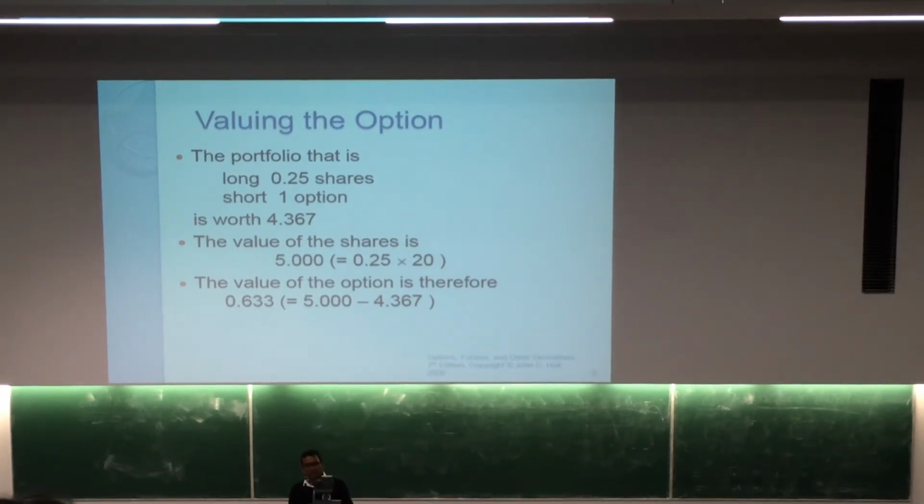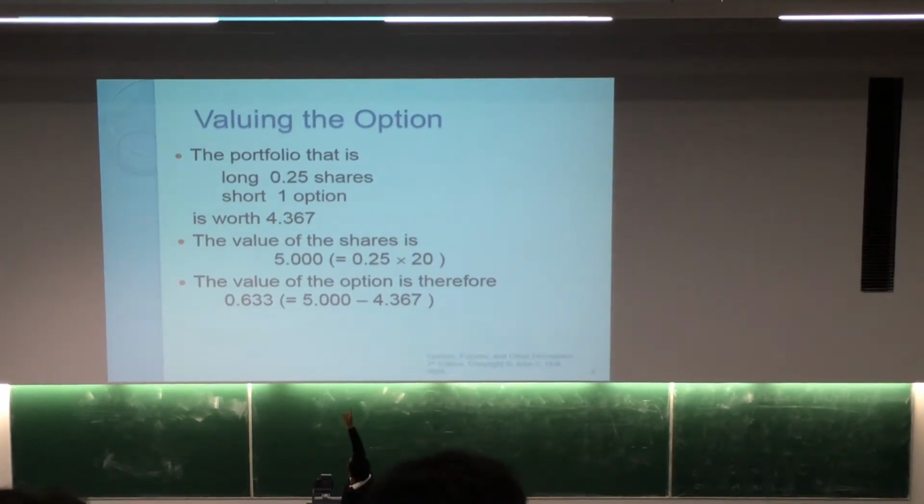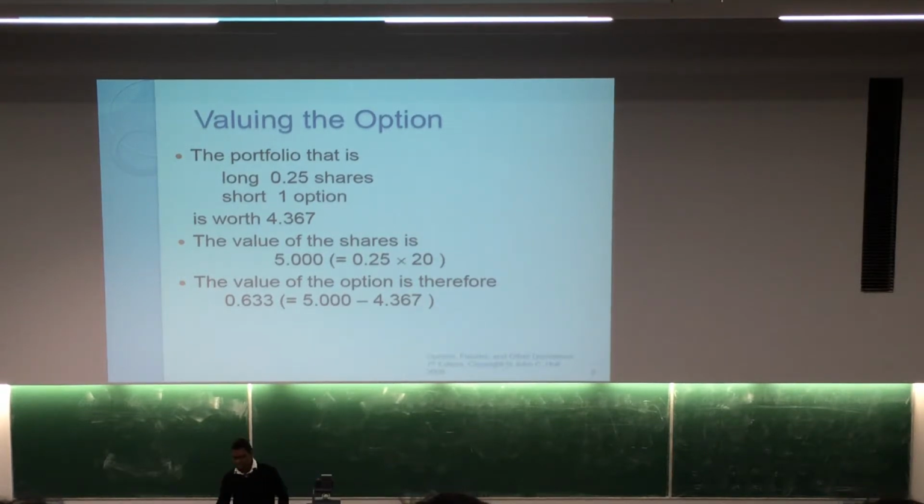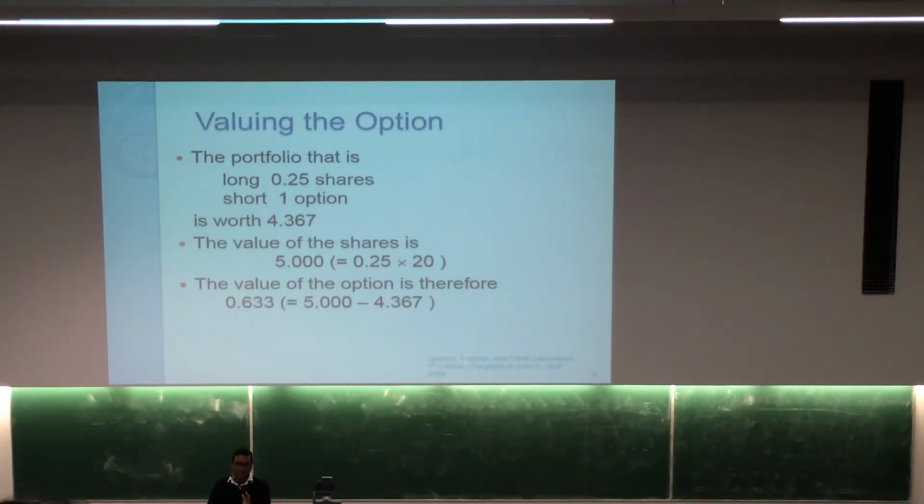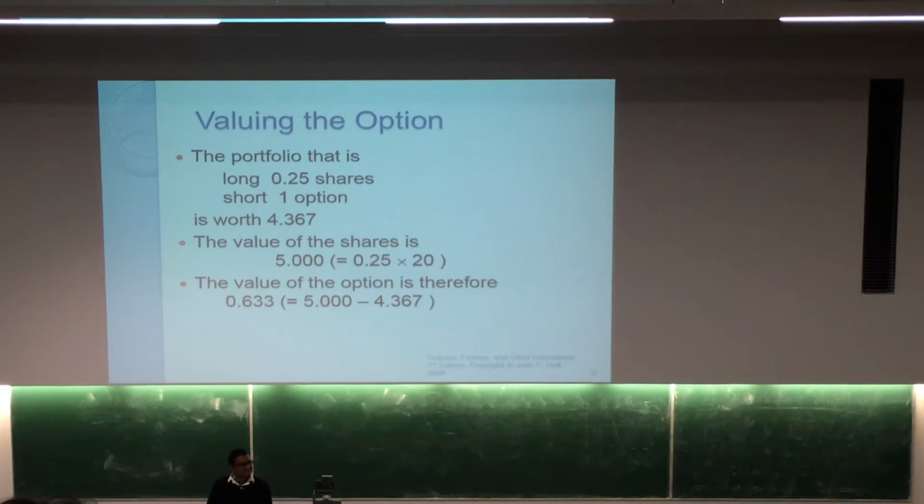That is the value on the stocks, and the value that you would see from the given call option is basically calculated by subtracting 4.367 from 5, and you see that the option value at the moment is 0.633.